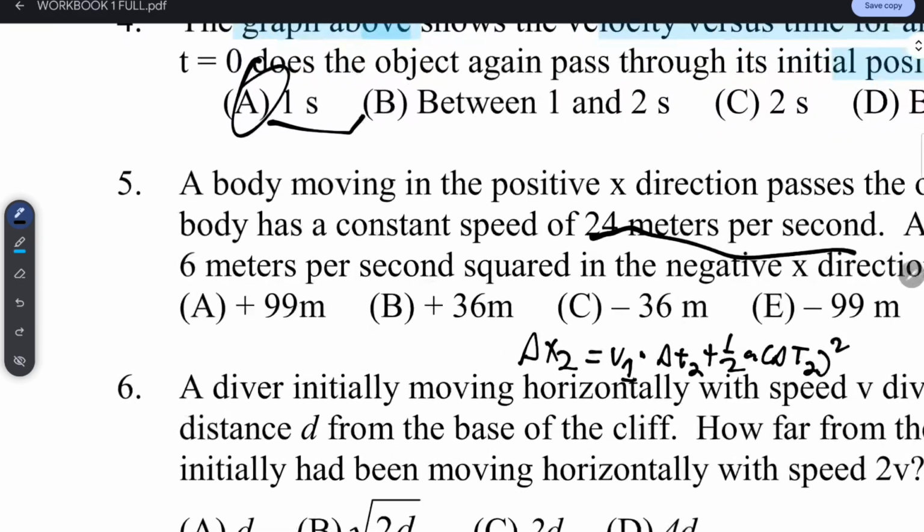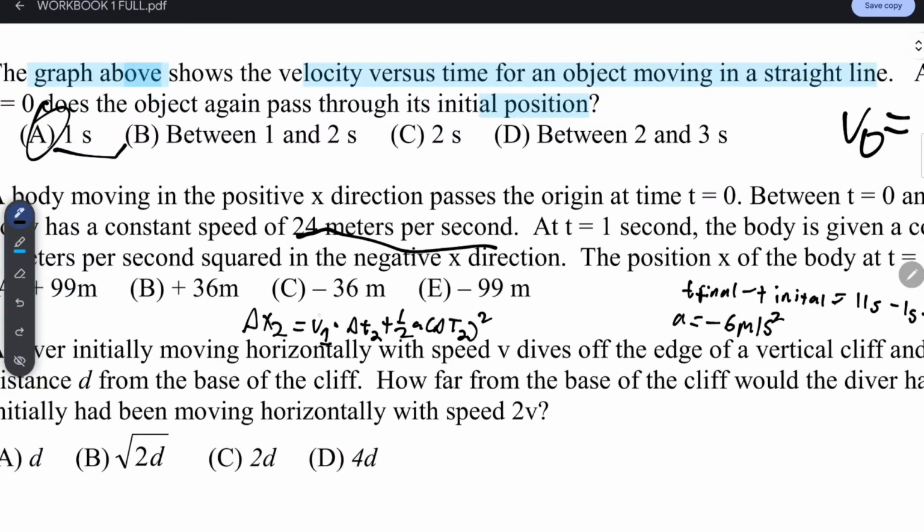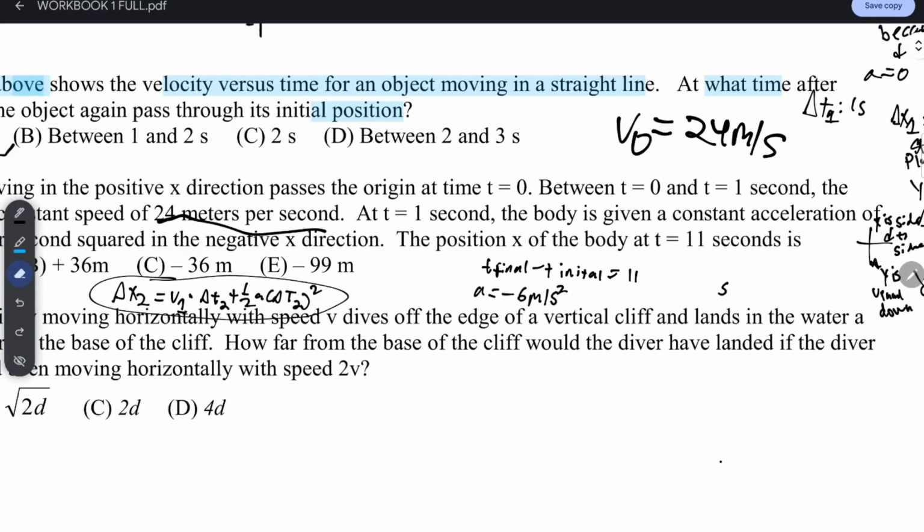Okay, so now we're going to use this equation. Let me erase this. I need more room. So we have that delta x2 is equal to 24 meters per second times 10 seconds, plus 1/2 times -6 meters per second squared times 10 seconds squared.